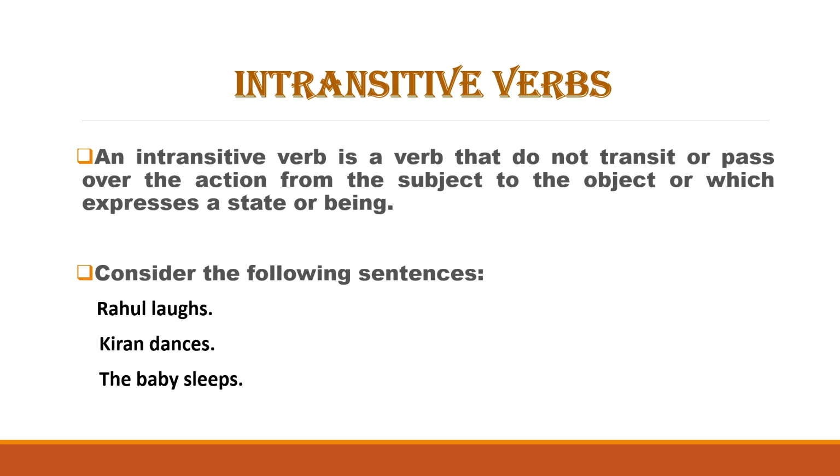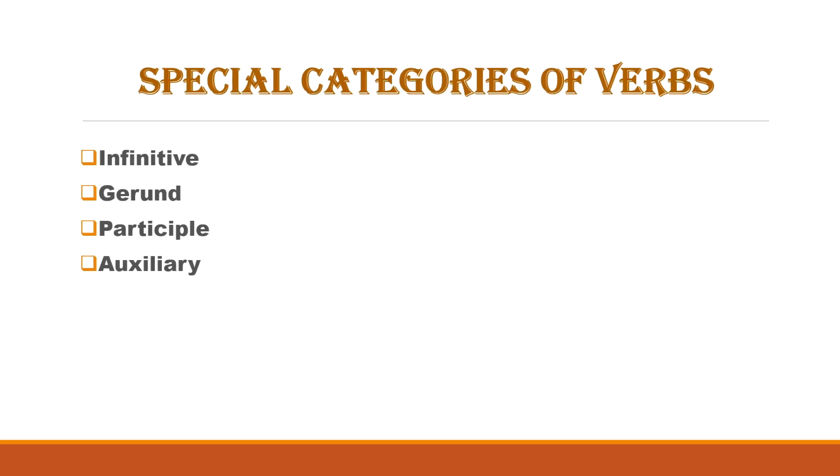So, as you can see in both the sentences, the verbs laughs and dances do not have objects. Therefore, the action denoted by the verbs laughs and dances stops with their respective subjects and does not pass over to any objects. Now, next sentence, the baby sleeps. It expresses a state.